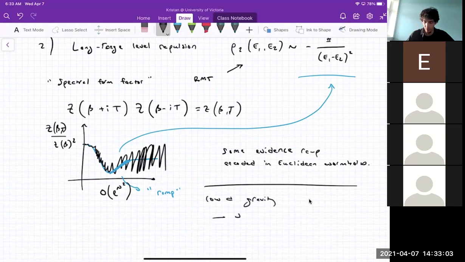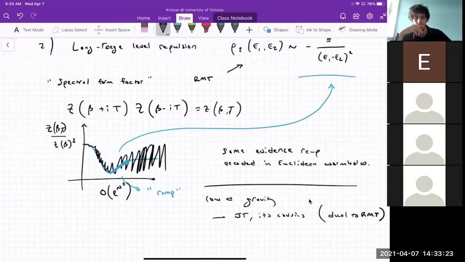So for instance, Jackiw-Teitelboim gravity, this two-dimensional model of dilaton gravity and its cousins, all of which we now understand to be dual, when they are consistent theories of gravity without requiring a stringy completion, to random matrix theories, in which case they have exactly this feature because random matrix theory has this feature. And it's encoded in gravity through an amplitude where one sums over wormholes.